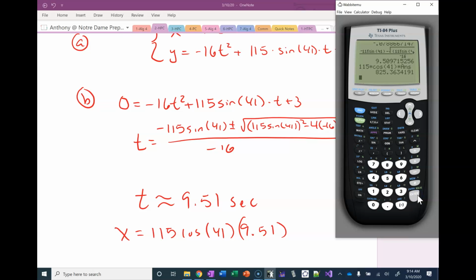To get 825 feet. That seems too big. What happened here? My value for t was wrong. Let me look at what I did here.